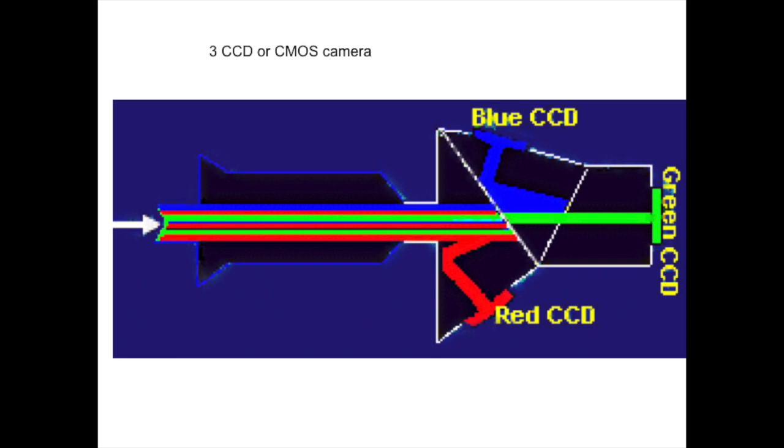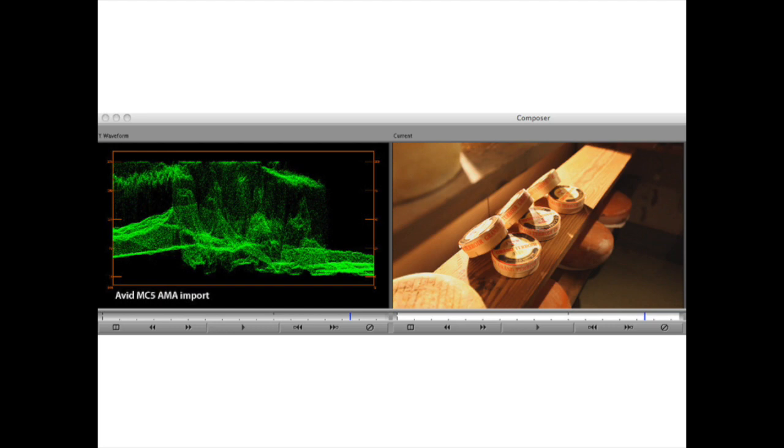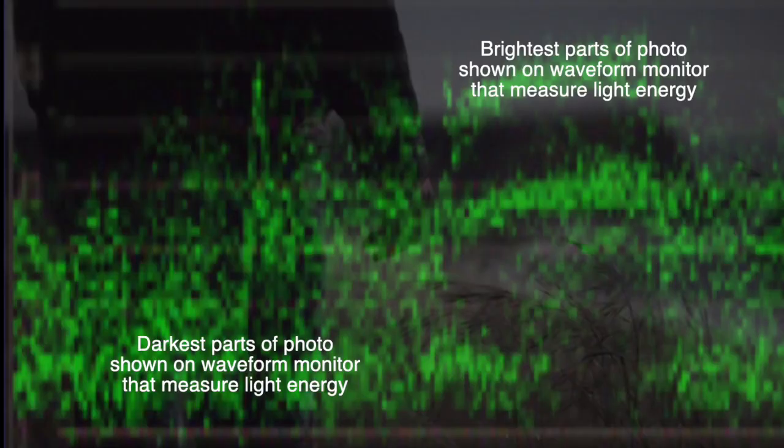But let's talk about how a CCD works. So the light hits the CCD, and once the light hits that CCD, it turns our image into an electrical charge. And just like an artist paints a scene with contrasting dark and light areas, a CCD creates a video picture by recording light intensity.